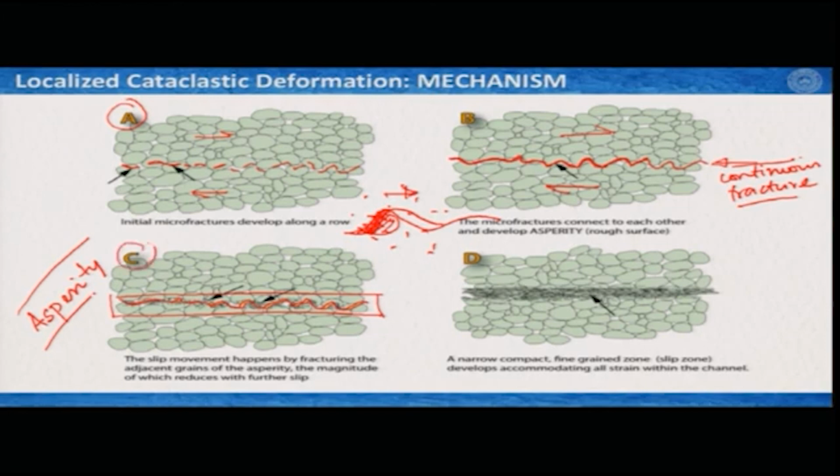Once this starts moving further, these fractured grains are much easier to deform, and therefore you eventually end up with a very narrow zone where the grain sizes are significantly reduced, and the porosity as well. So, this is how localized cataclastic deformation is achieved, particularly in the context of frictional flow.